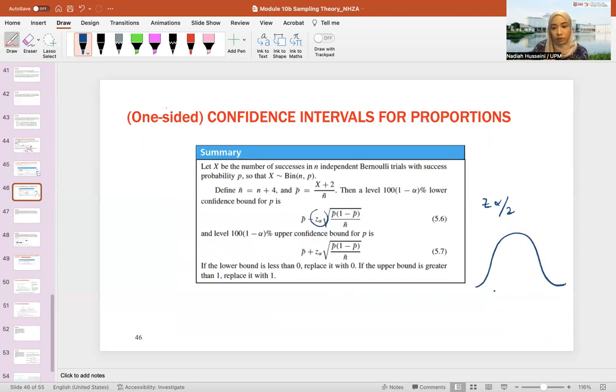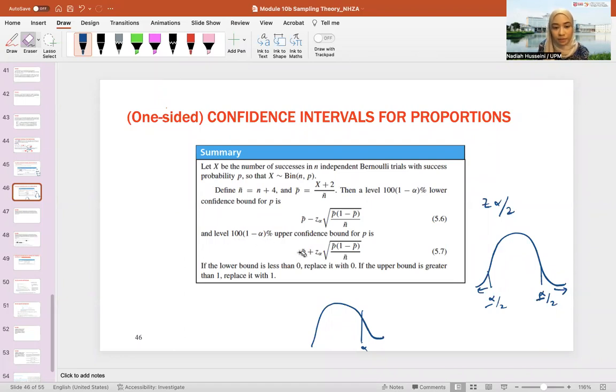Remember, when we're talking about two-sided, we have to divide the confidence by 2 basically: alpha over 2, alpha over 2, minus, plus. Whereas when we're talking about one-sided, we're just talking about alpha. So this is why our z is different. So it's your modified p minus z alpha times this term.